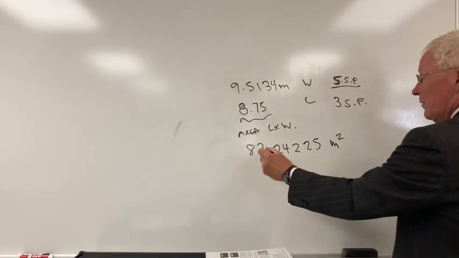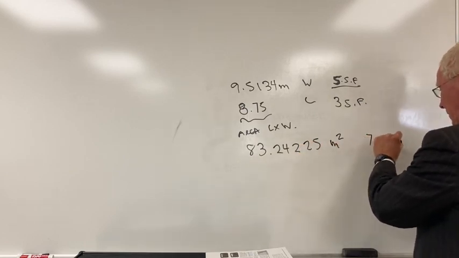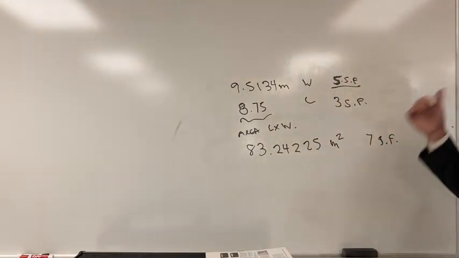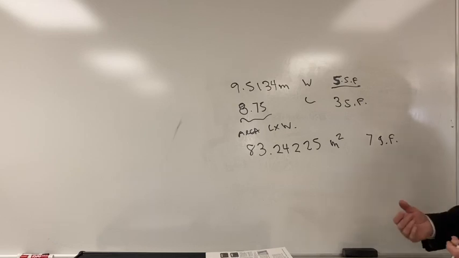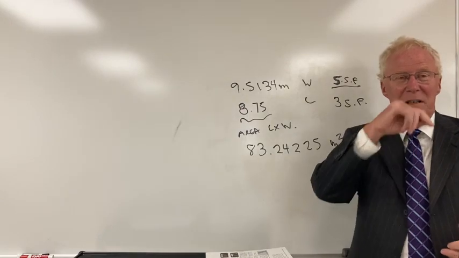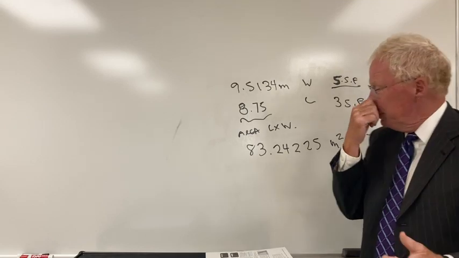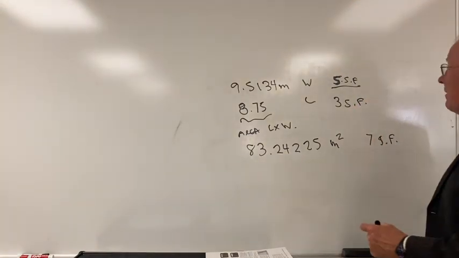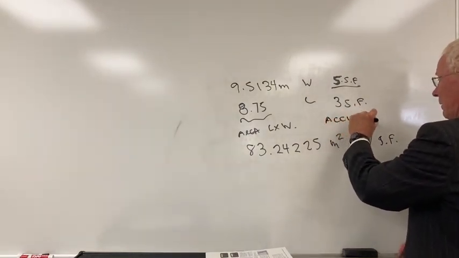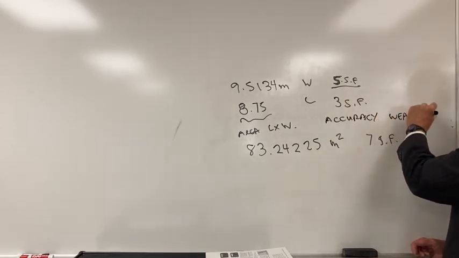Now this has 1, 2, 3, 4, 5, 6, 7 significant figures. Well, that's pretty amazing. Again, area has 7 significant figures. Is that correct? No, because I measured this side extremely accurately. I measured this one a little less precisely, and therefore the accuracy of the area is based on the weakest measure.